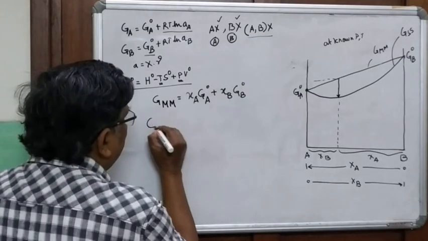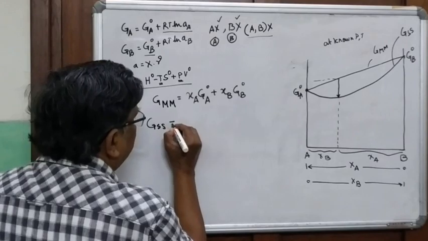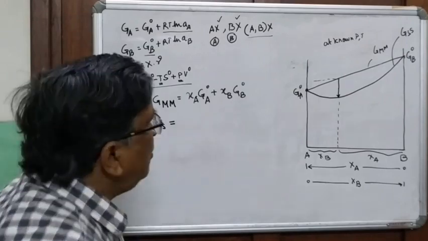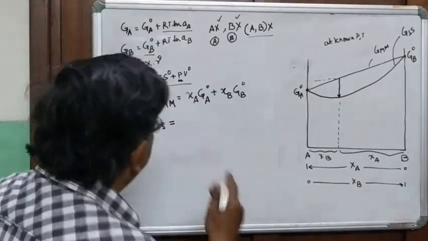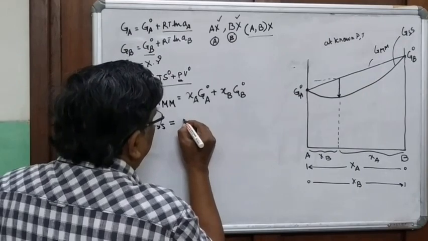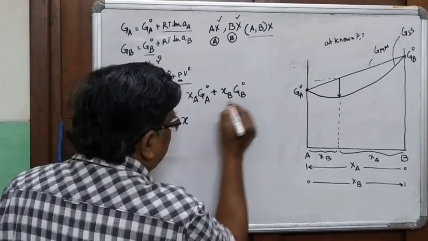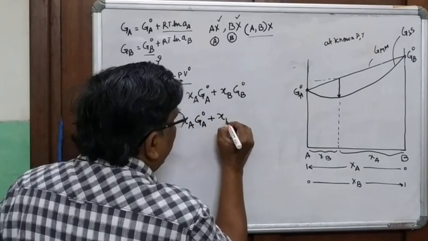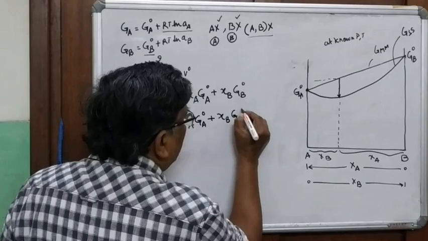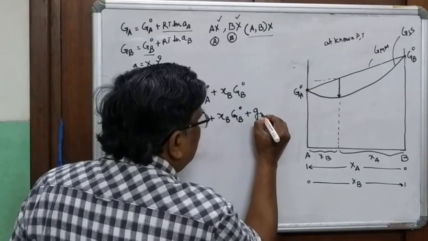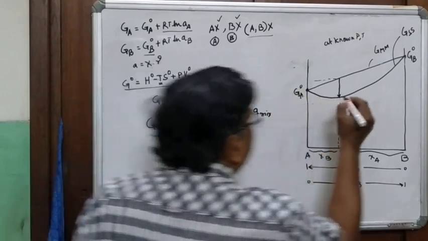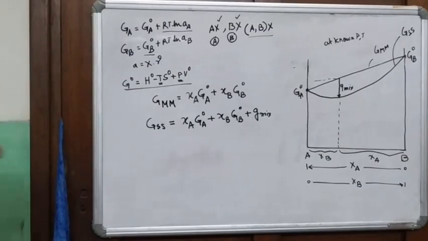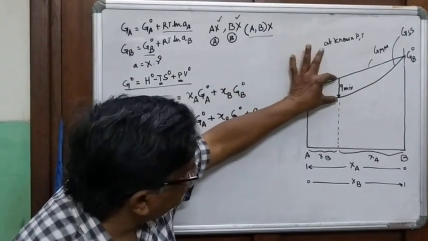So if you write G solid solution, I can write it as XA GA0 plus XB GB0 plus G mix, where this is G mix. So I take this term and drop this value.